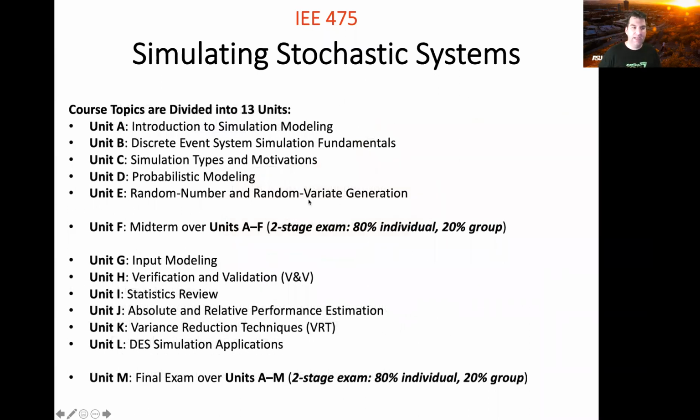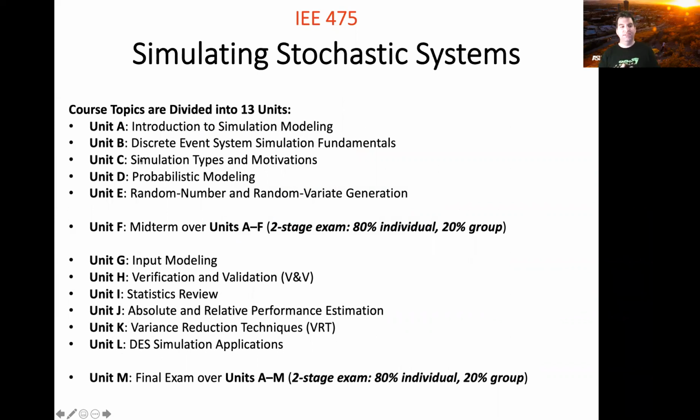So the basic flow of this course is, the next unit we're going to go into, Unit A, is where I'm going to drill down into what we mean by simulation modeling. That's going to be an overview of simulation in general, and the different types of simulation. This course focuses on one particular type of simulation, discrete event system simulation, and that's why Unit B is going to be focusing on that type of simulation.